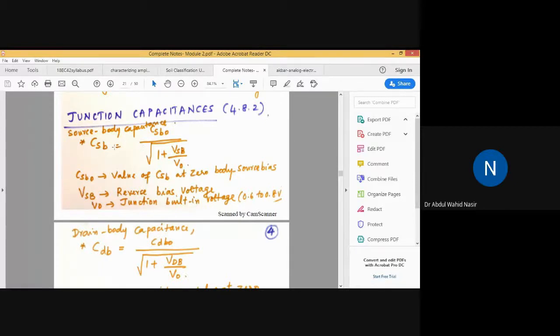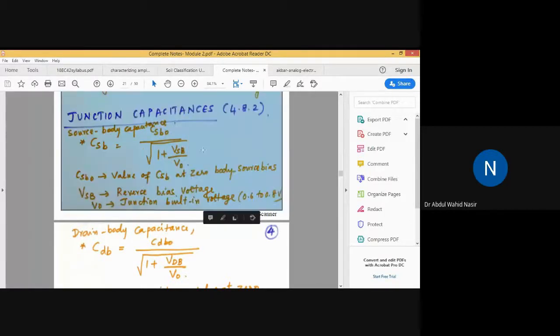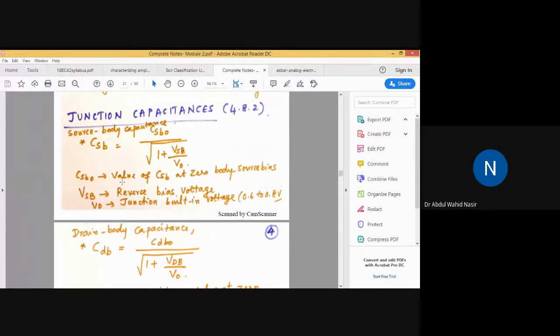Now let's see what the different components of the right hand side are. CSB naught is the value of CSB at zero body source bias. VSB is the body source bias voltage. Whenever you put VSB as 0, that term will be CSB naught.